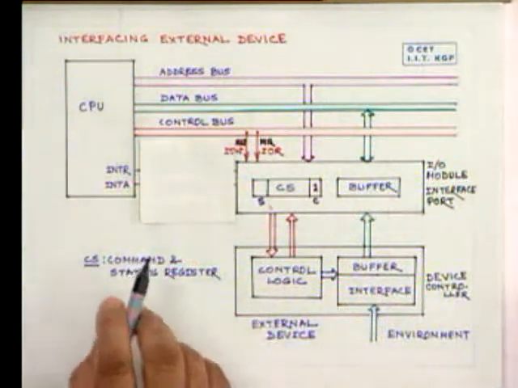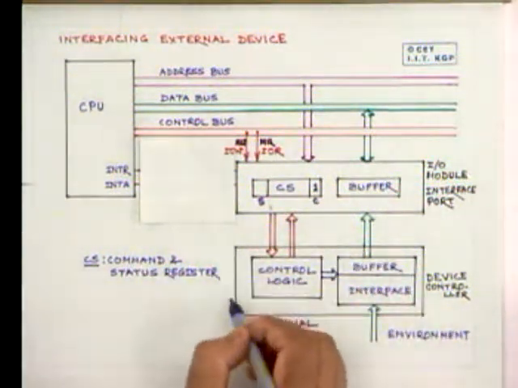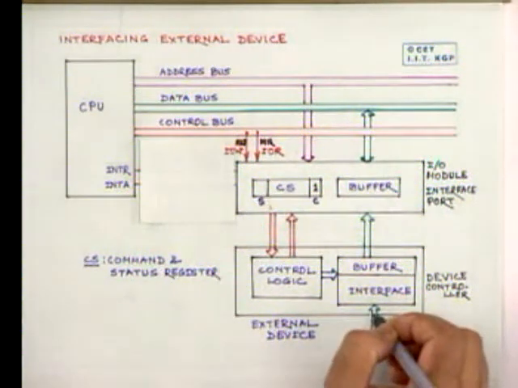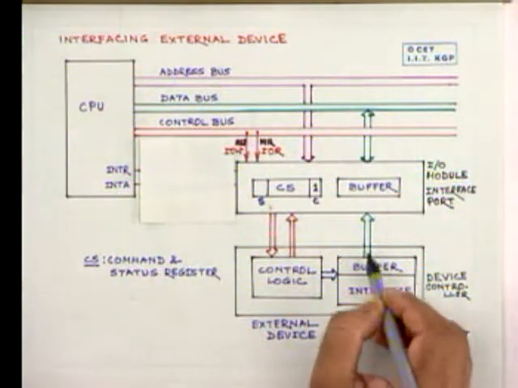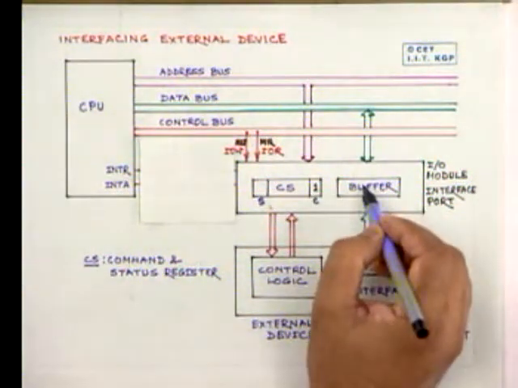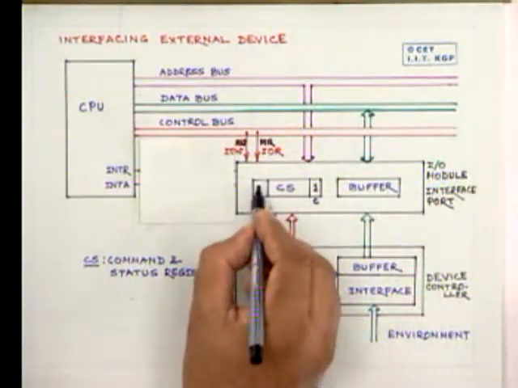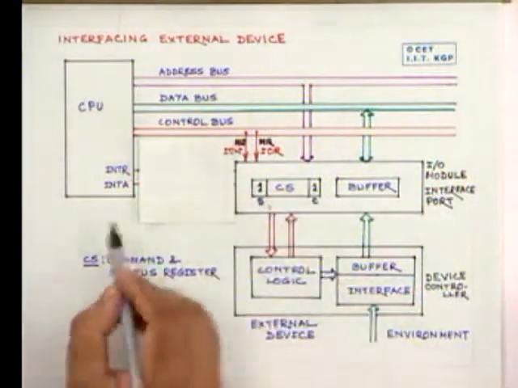Now on that, the device will take that data from the external environment, put it into the buffer here, and that will be transferred into the buffer. And at the same time, in the status register, this will be set to 1. That means initially, say both of them were 0.